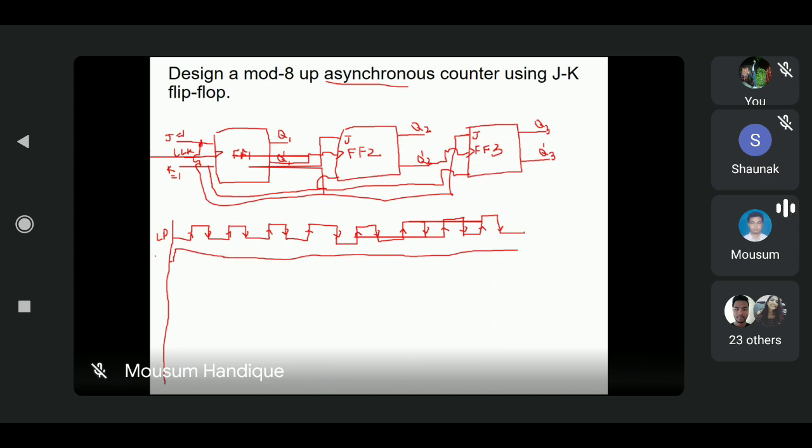This is the J value, and this one is the K value. K also is 1. That means it is going high. So this one is 1 and this one is 1.